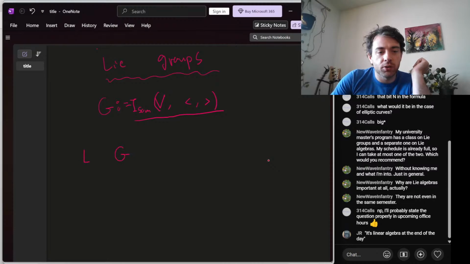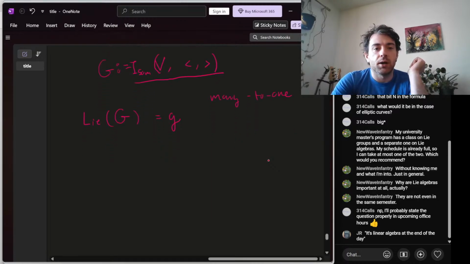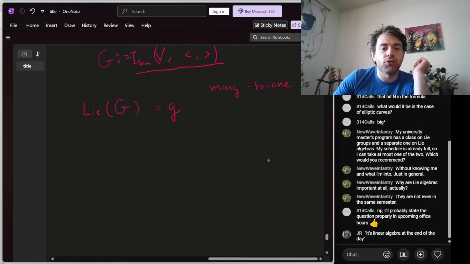To every Lie group, we can take its Lie algebra. This process is many to one, so it's definitely not a bijection, but it does form an adjunction.